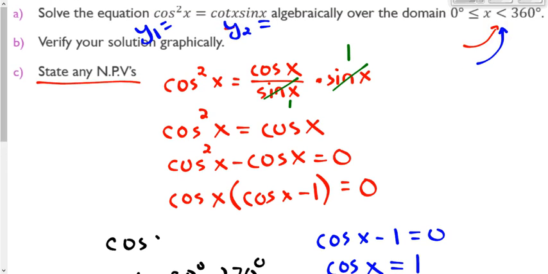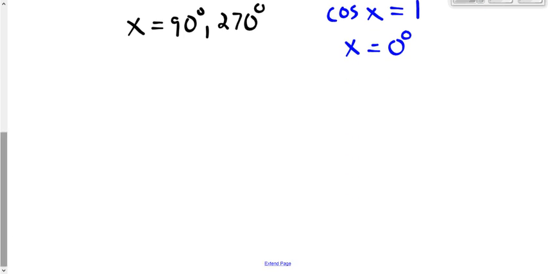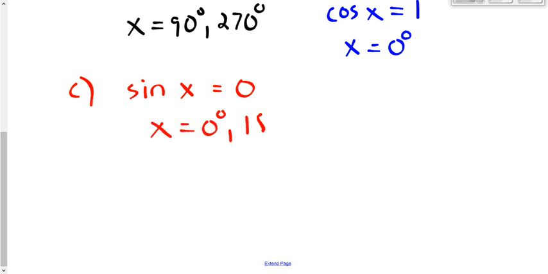If we go back and look, it's not as obvious in the initial equation where it might occur, but in our first line that we did, we have a division by sine x. Well, you can't divide by 0. So for C, we need to find out where sine x is equal to 0. That actually occurs in two spots based on our domain, at 0 degrees and 180 degrees.